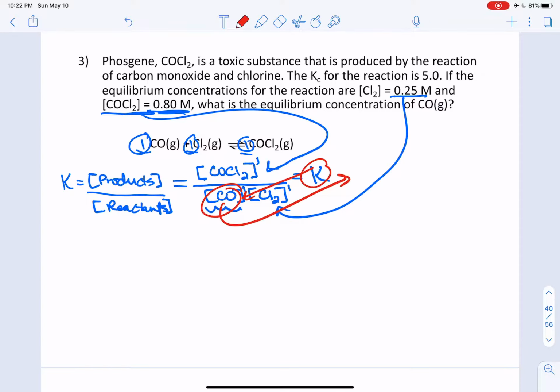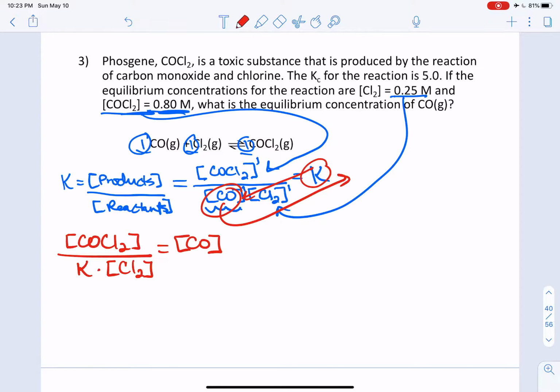What we get is the concentration of COCl2 divided by K times the concentration of Cl2, the chlorine gas, is going to equal the concentration of carbon monoxide.